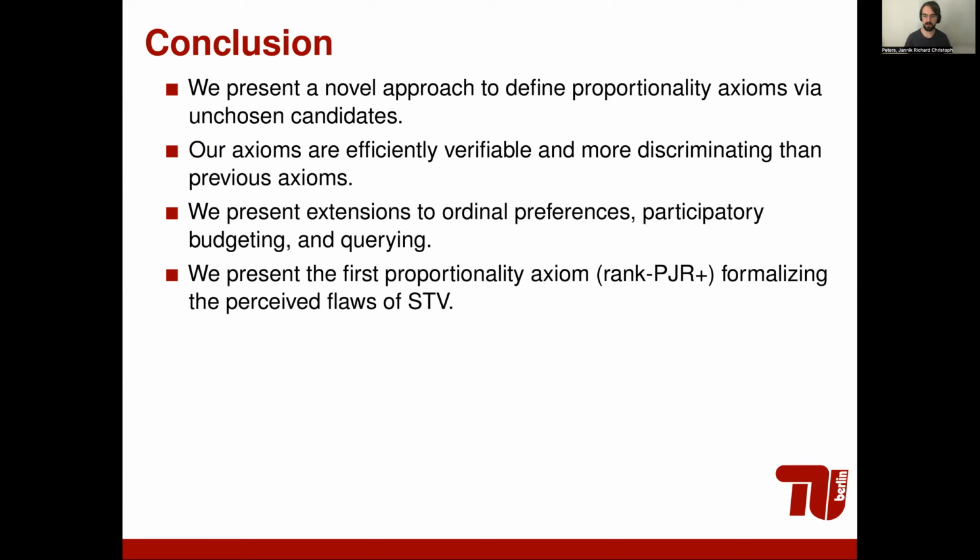Our axioms are efficiently verifiable, sometimes even in linear time, and much more discriminating than previous axioms. In the paper, we have extensions to various topics such as ordinal preferences and participatory budgeting. And also quite important for some people, we found the first proportionality axiom which formalizes perceived flaws in the widely used rule of STV. This doesn't mean, of course, that STV is a bad rule, just that there's maybe something one needs to watch out for with STV.